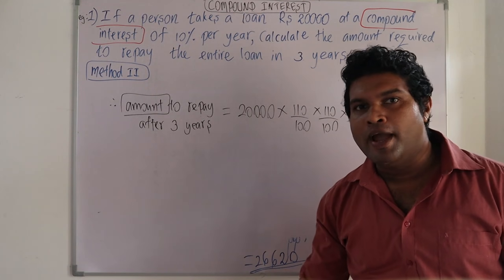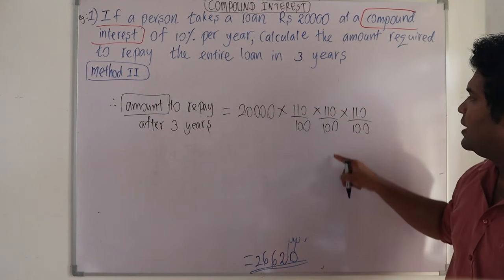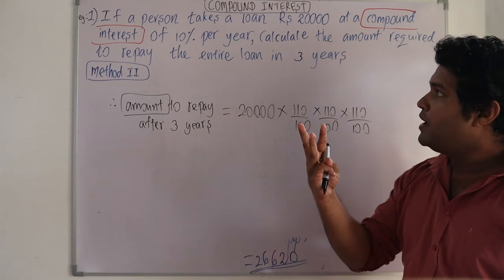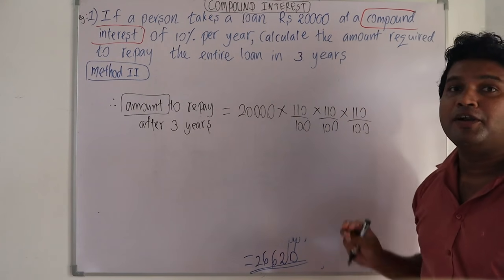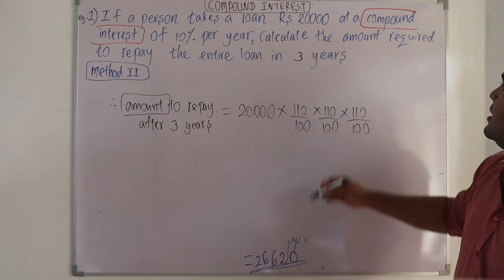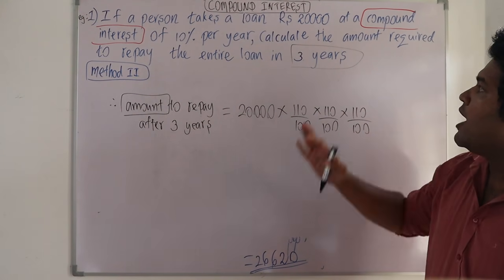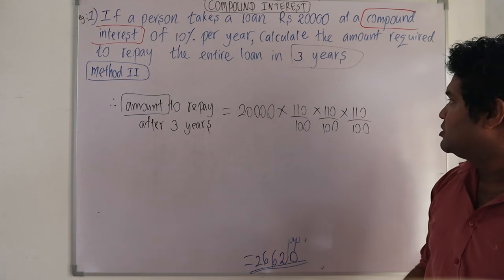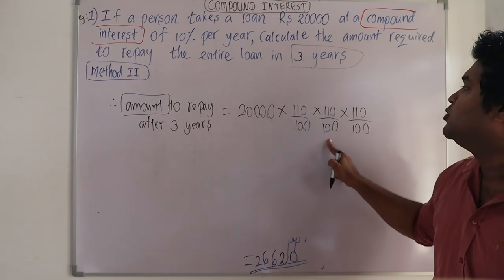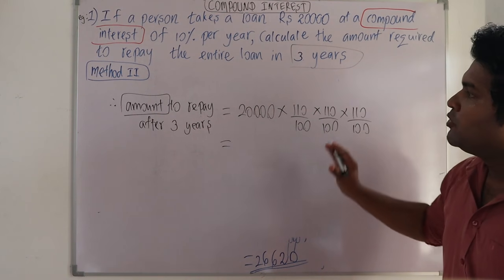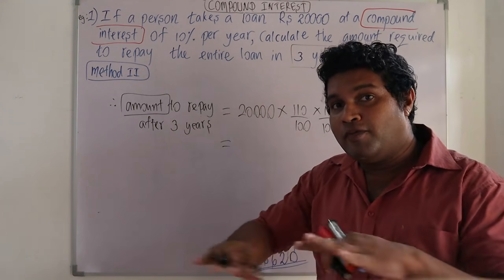How many times have I written 110 over 100? 1, 2, 3. 3 times. Why have I written 3 times 110 over 100? Because the question is asked for 3 years. If the question is asked for 2 years, you better use 110 over 100 only 2 times. Remember, this is the method to find the answer at once without wasting steps.